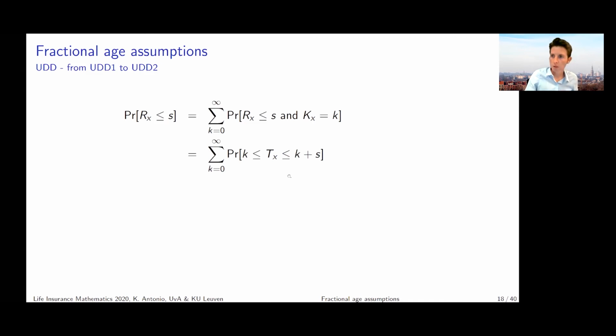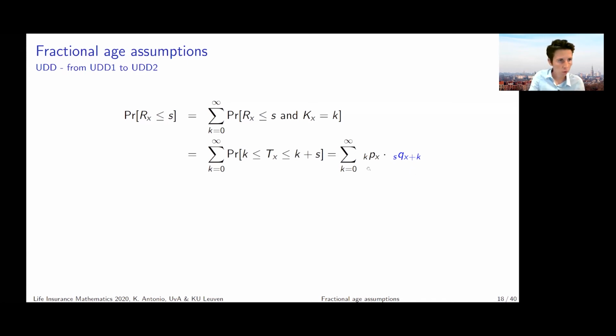But this probability, that's what we learned last week, and I can calculate it. Due to the multiplication rule, that is the probability of surviving until age x plus k for an x-year-old, so that is the kpx, multiplied with the probability of dying for an x plus k-year-old in a duration window of s years, right? So that's my sqx plus k.